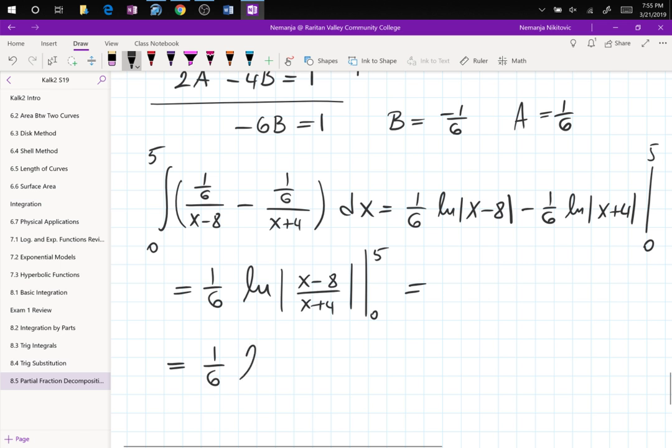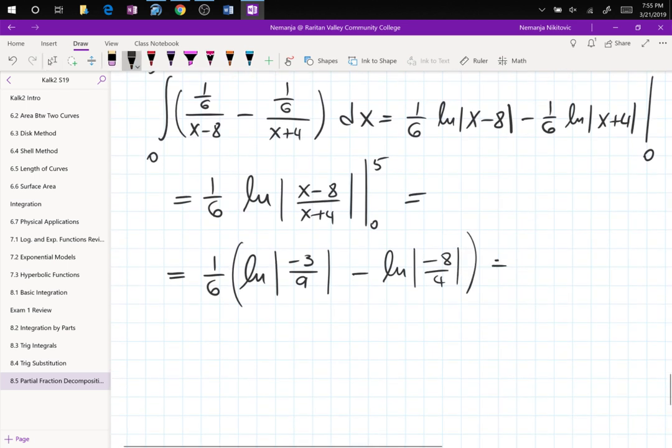It's 1 over 6 ln, and we plug in 5. That's going to be negative 3 over 9, minus plug in 0, ln of negative 8 over 4. So now this is 1 over 6 ln of 1/3 minus ln of 2.